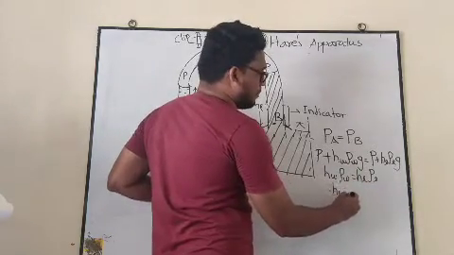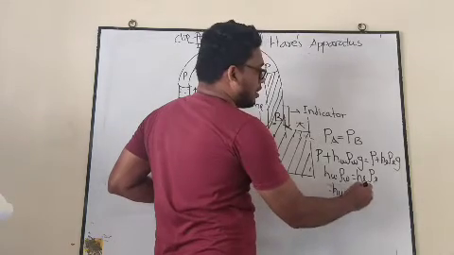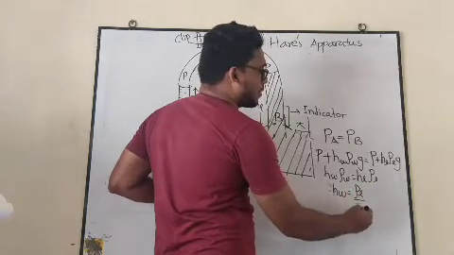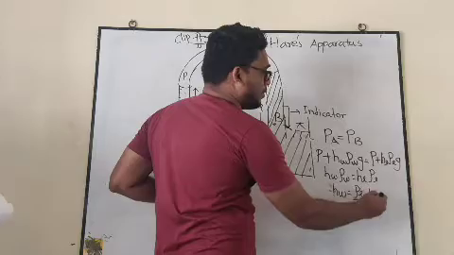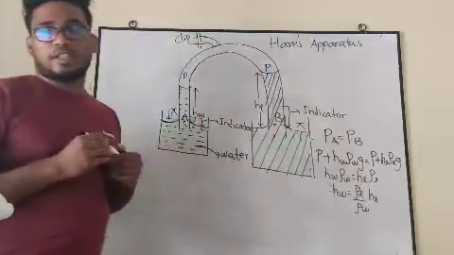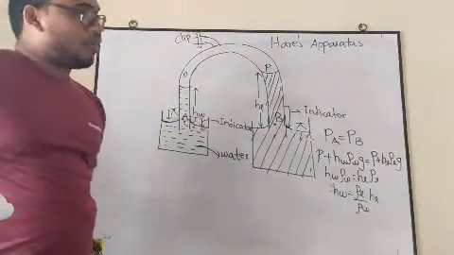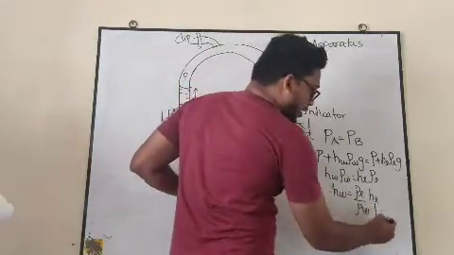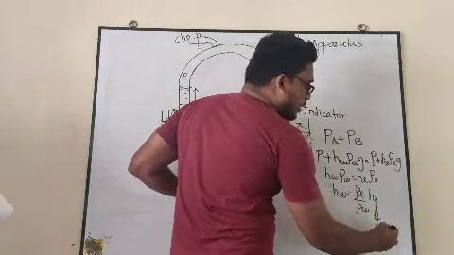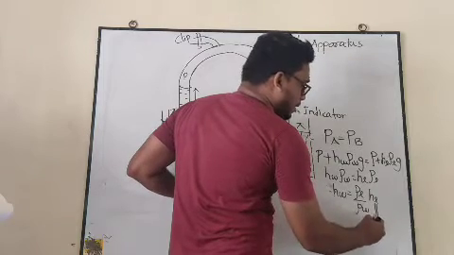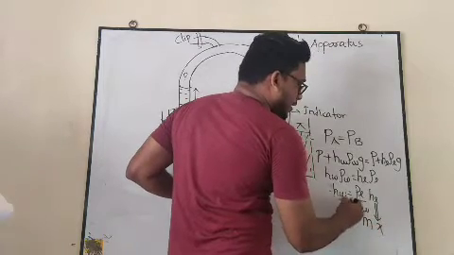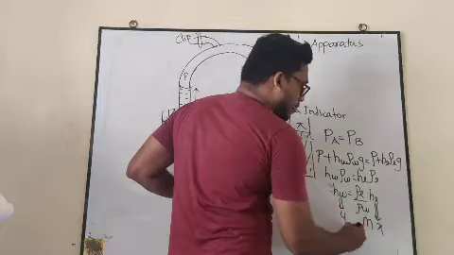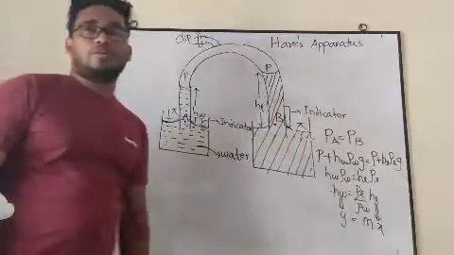So HW equals rho L over rho W into HL. HW equals rho L over rho W into HL. So HL is X. Rho L over rho W is the gradient. And HW is Y. So Y equals mx.